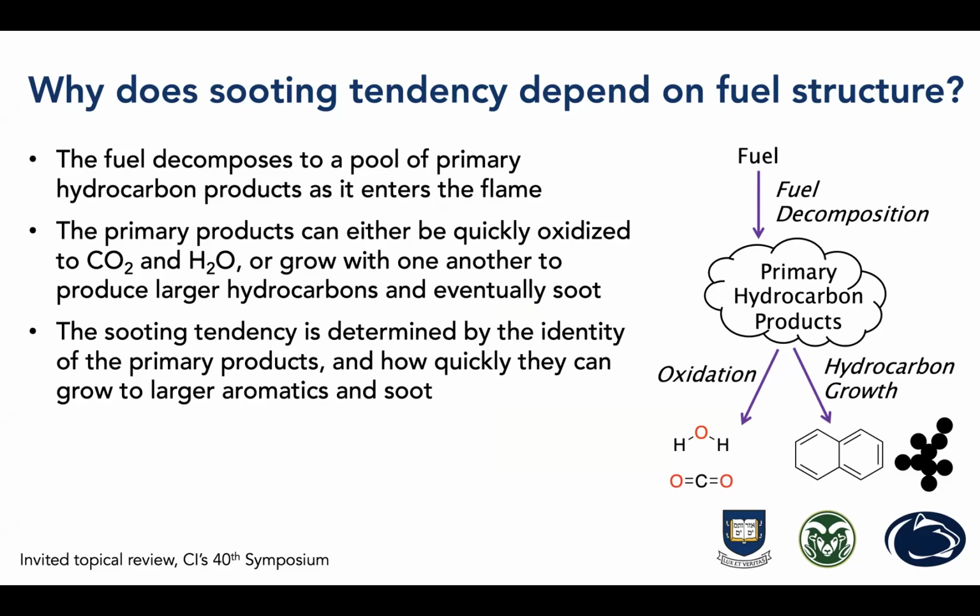One, in choosing the structures, and two, that the sooting tendencies that we have measured for a wide range of fuels can be used to show where decomposition pathways could be different than we originally thought.